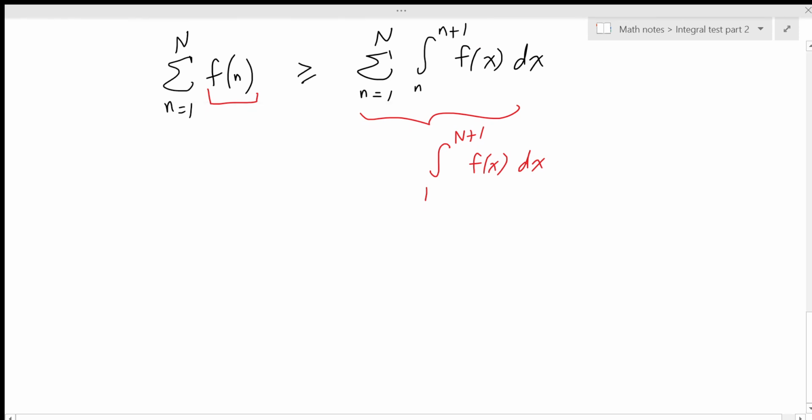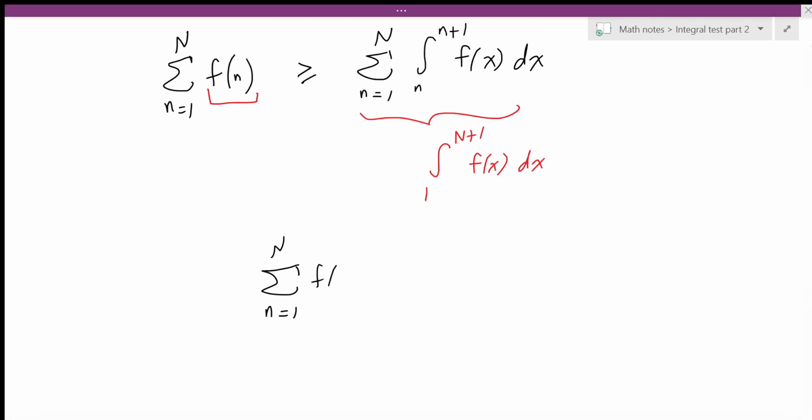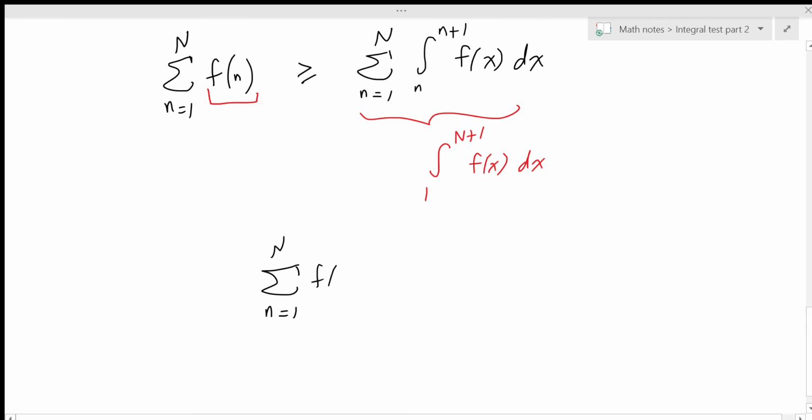So, putting this all together, we find that this partial sum of our series is greater than or equal to the integral from 1 to capital N plus 1 of f of x.